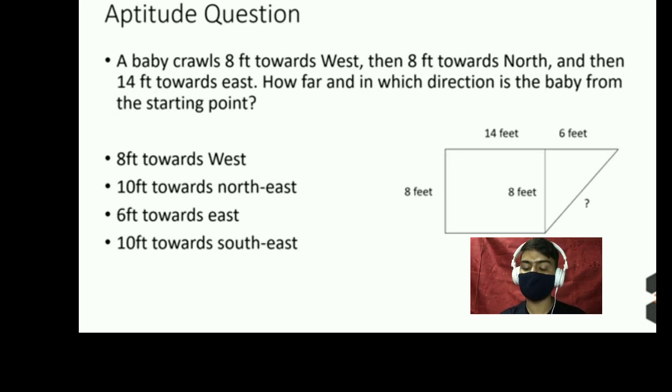We have to find the value of the distance, so we can apply the Pythagoras theorem. The answer will be root over 8 square plus 6 square, which is 10 feet towards northeast. As you can see, it is directed towards northeast.